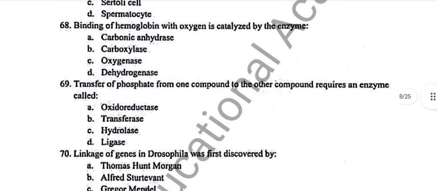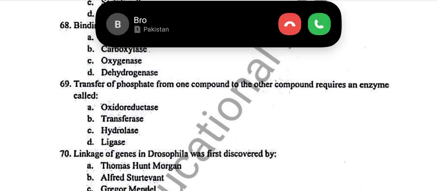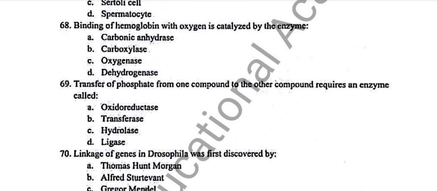Question number 69. Transfer of phosphate from one compound to the other compound requires an enzyme called A. Oxidoreductase, B. Transferase, C. Hydrolase, D. Ligase.